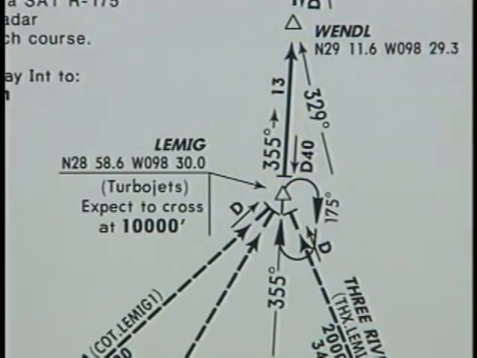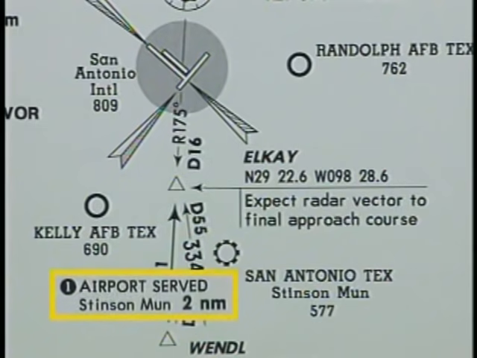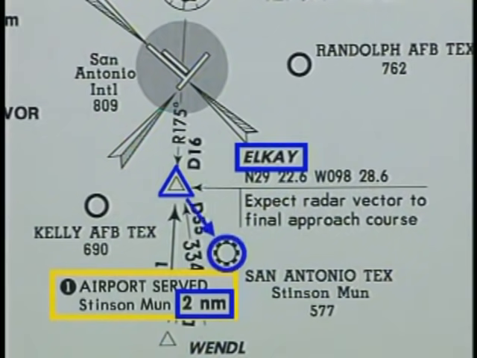You will also notice that the STAR is named for the fix at which the arrival route begins. In addition to San Antonio International Airport, the LEMIG 1 arrival also serves Stinson Municipal Airport. Notice that the chart provides the direct distance from LK intersection, where radar vectors begin, to the airport served.